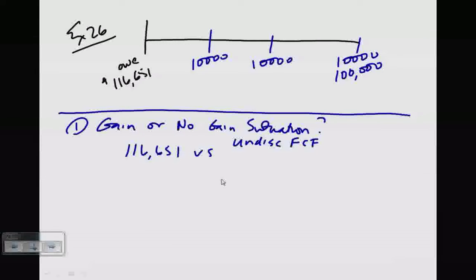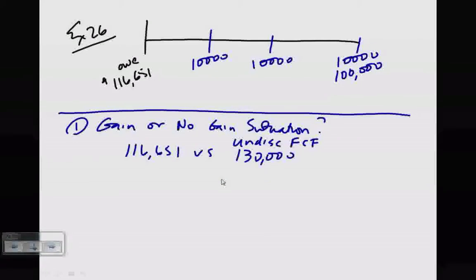So it's $130,000. So we're still going to have to pay back more than we owe. And for this reason, this is a no gain situation.